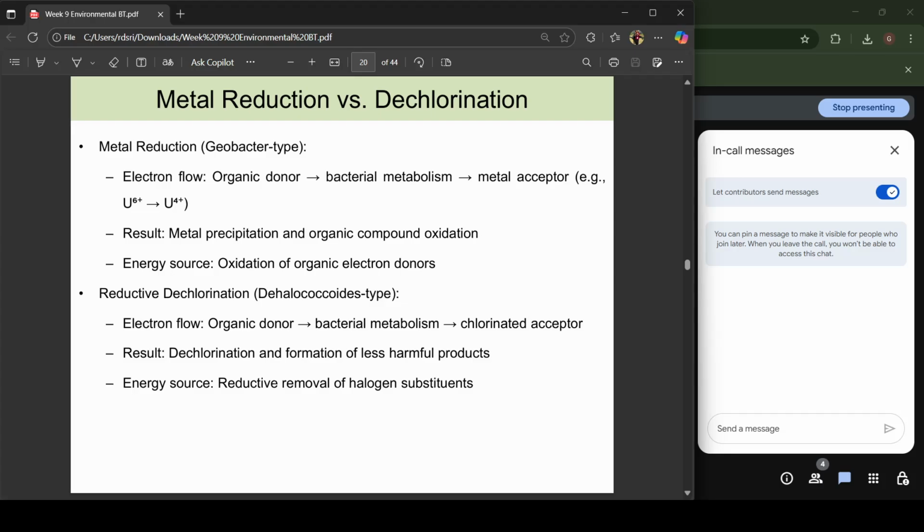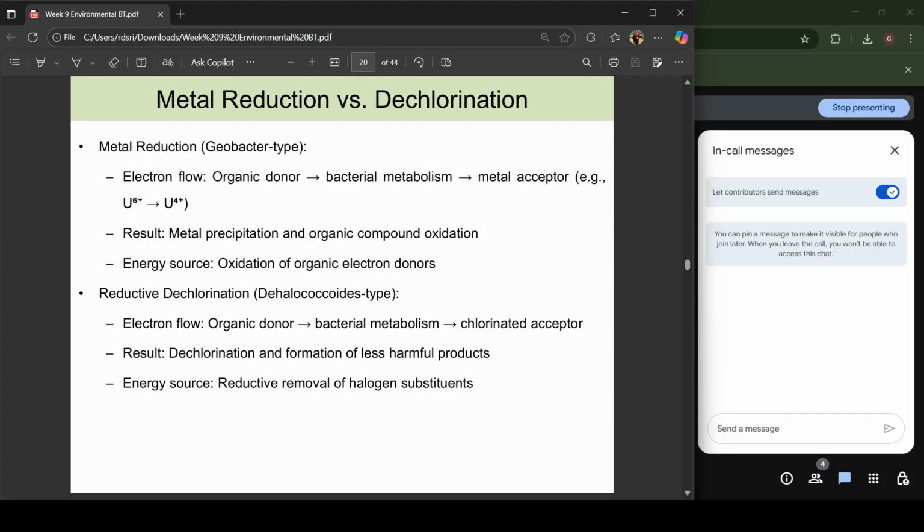So this is about the use of hydrocarbons and transformation of uranium 6 plus. So here the energy source is the oxidation of electron donor. In case of reductive dechlorination, which is mainly done by the dihalocolloids, the electron flow again follows the same pattern where the electrons from the electron donor goes to the bacteria and then to the final chlorinated terminal electron acceptor.